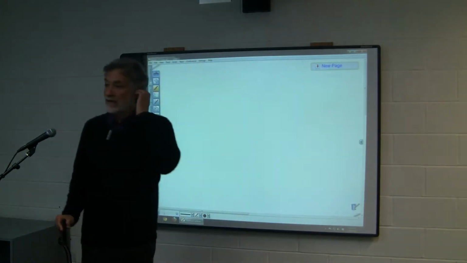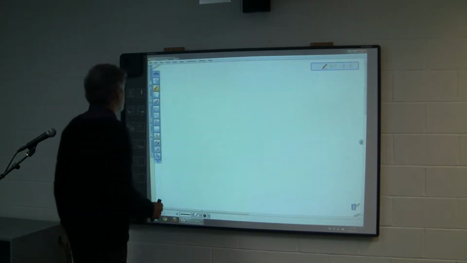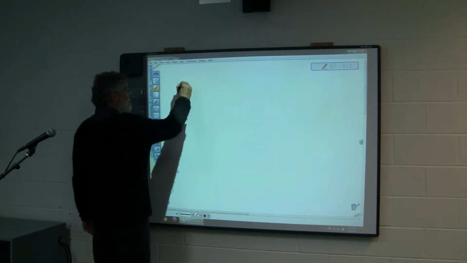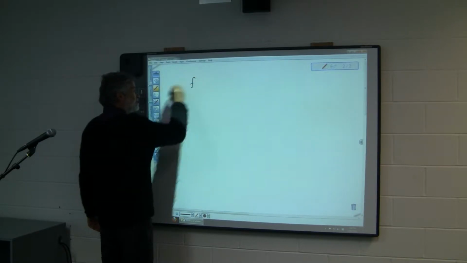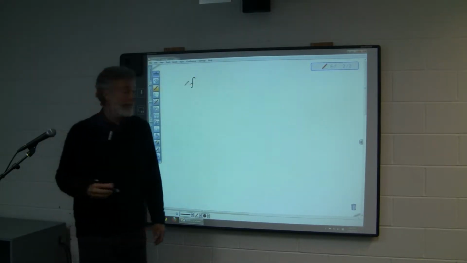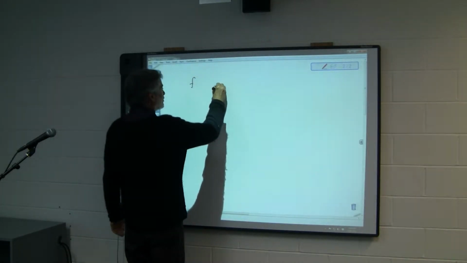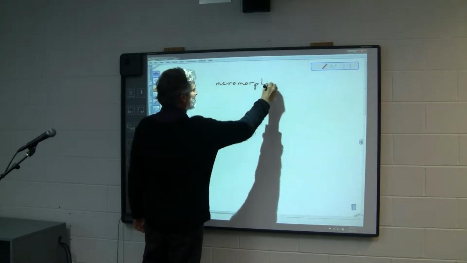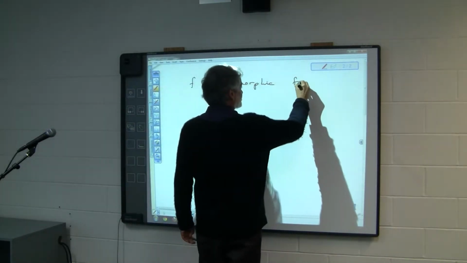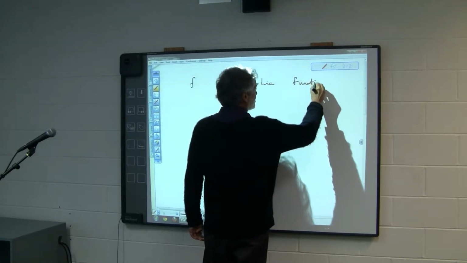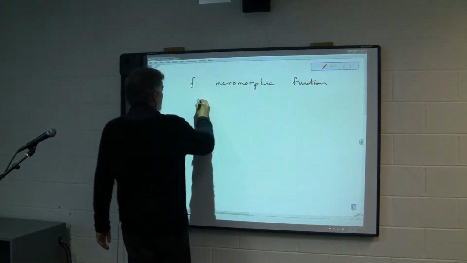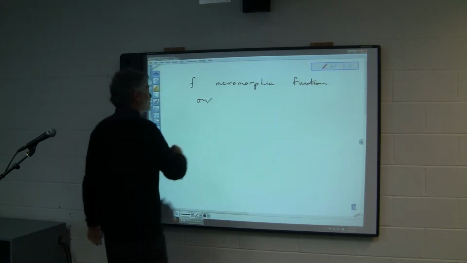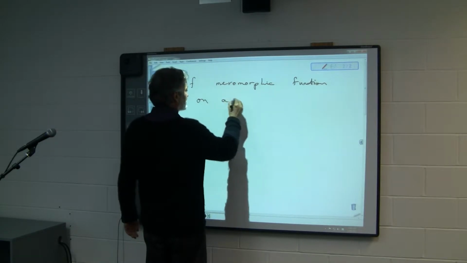The first consequence we remind ourselves of is what happens if you take f, a meromorphic function on any compact Riemann surface.